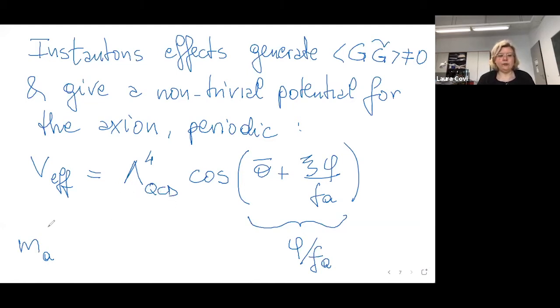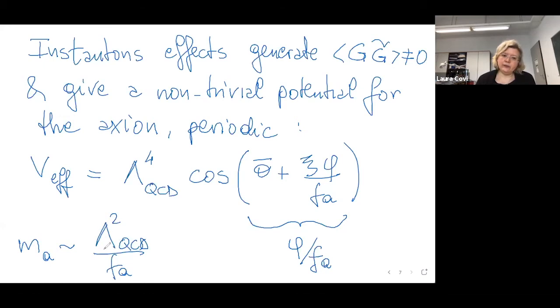So it goes like lambda QCD squared divided by Fa. Depending on what Fa is, this can be smaller or larger.